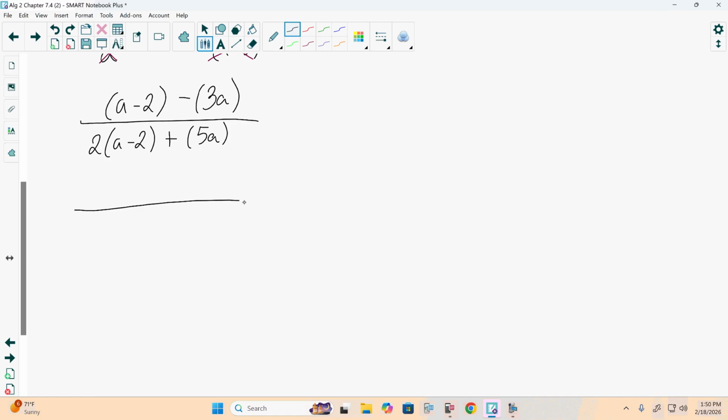At this point here, I would drop the parentheses on top. Because there is no number, there is no written sign for the a minus 2, it's just going to be a minus 2. The positive 3a is going to become negative, we just get minus 3a. On bottom, we're going to have to distribute this too. 2 times a is 2a. 2 times negative 2 is negative 4.